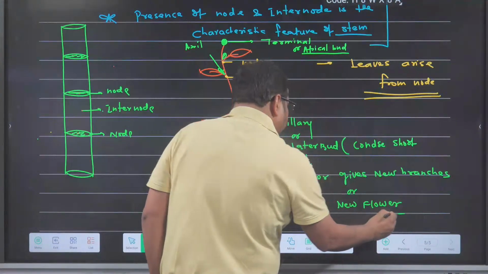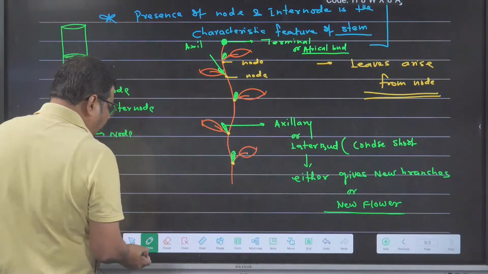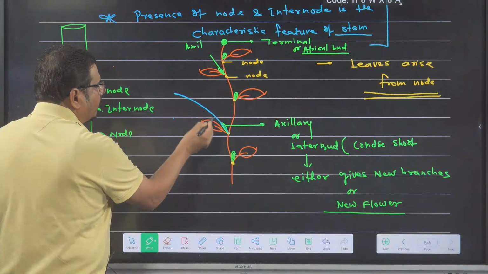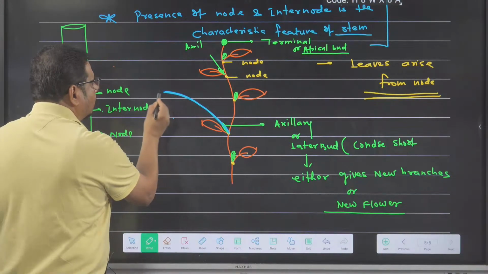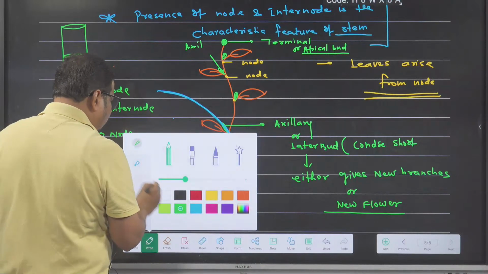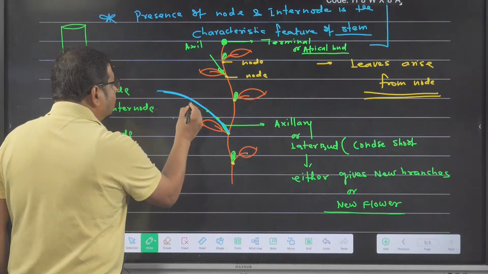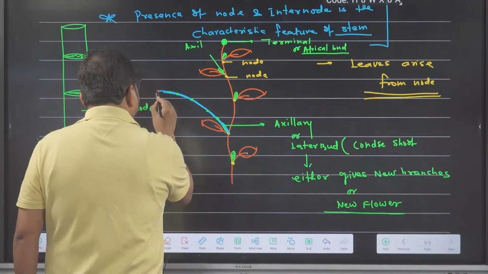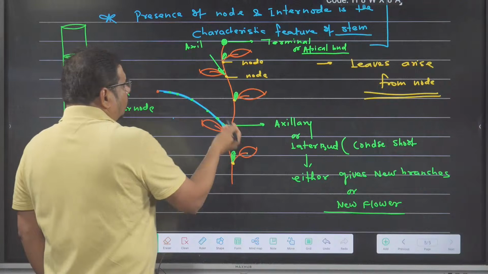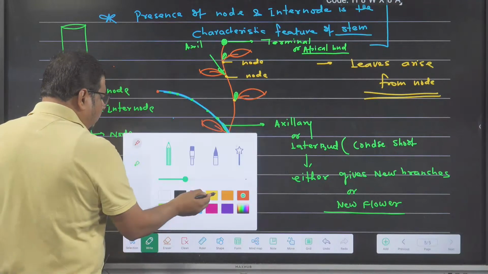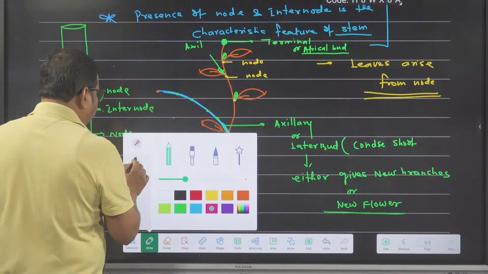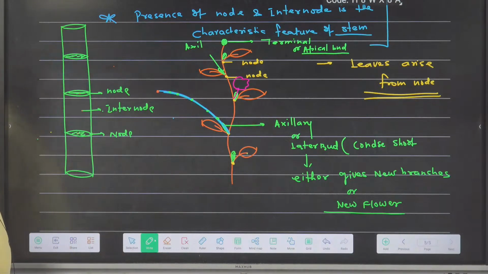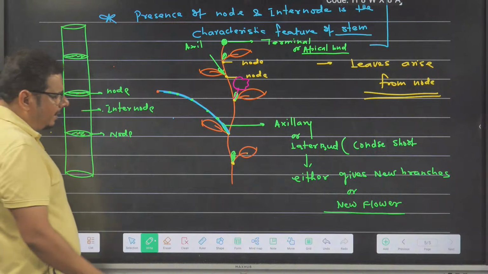These are the future of the axillary bud. So suppose that I am telling you this axillary bud is going to make a new branch. It is a branch. In this branch also who is present? Nodes and internodes are there. You don't think that in branches nodes and internodes are not there. And in these branches also in the tip who is there? Buds are there. Getting the things or not? So this is forming the branches, and suppose that this axillary bud is going to convert into which one? Flower. So both possibilities exist with the axillary bud. Understanding the idea?